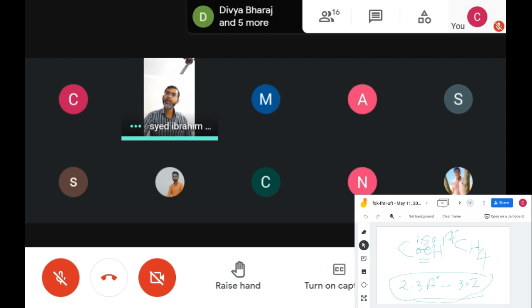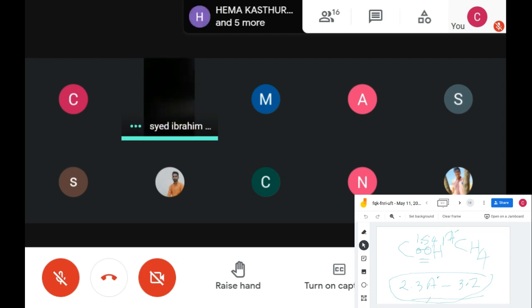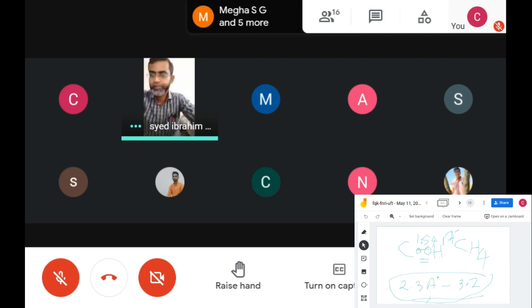And there is an angle also. Just check the whiteboard. There will be some angle also, and the range of the angle is very limited.